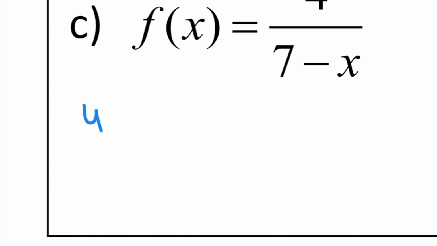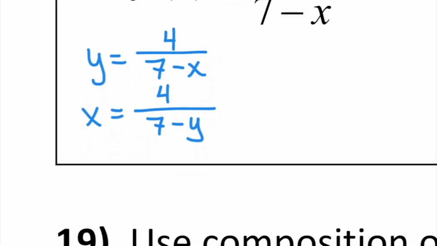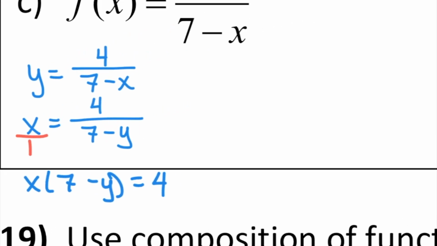And so y equals 4 over 7 minus x, and then exchange the x and y, x equals 4 over 7 minus y. And then I'm going to multiply, remember that you're thinking about this as x over 1. So I'm going to multiply x times 7 minus y, and 4 times 1 is 4.